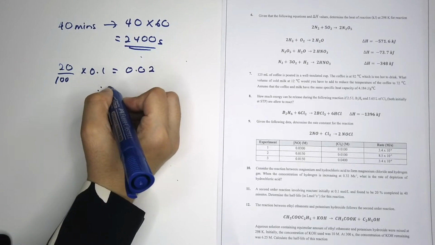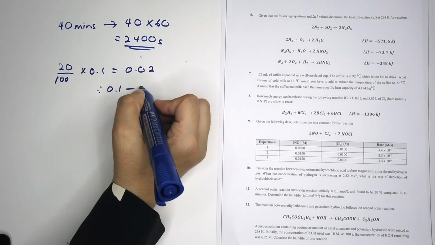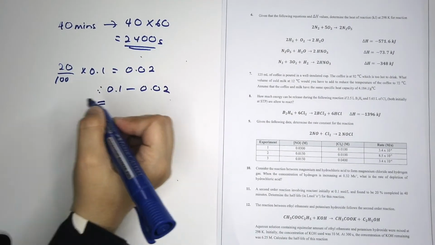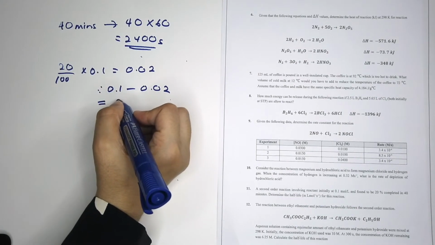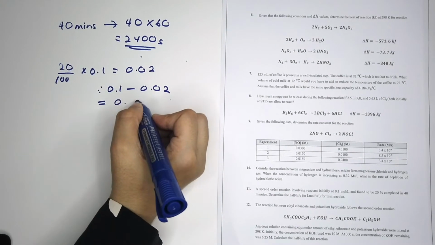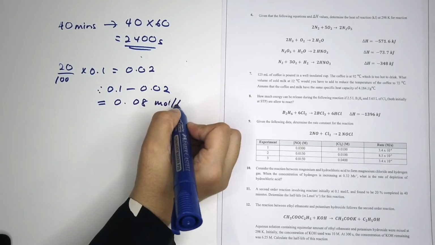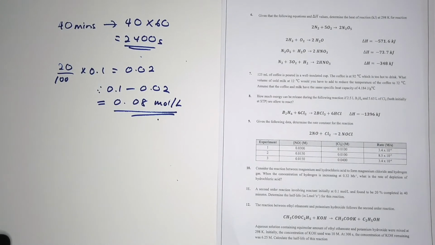Therefore, initial concentration is 0.1, and the amount already completed is 0.02. So the 80%, which is the final concentration that you have, is 0.08 mole per liter.